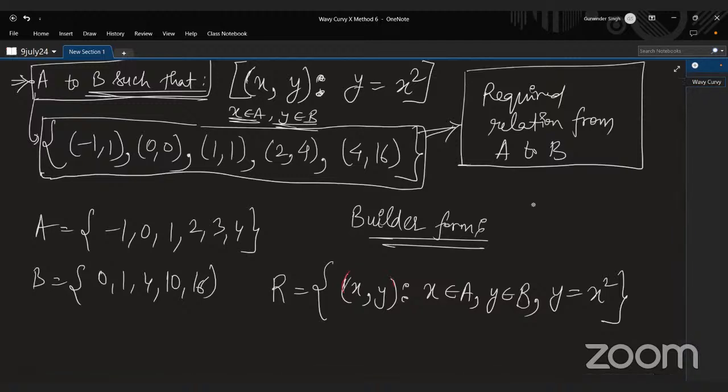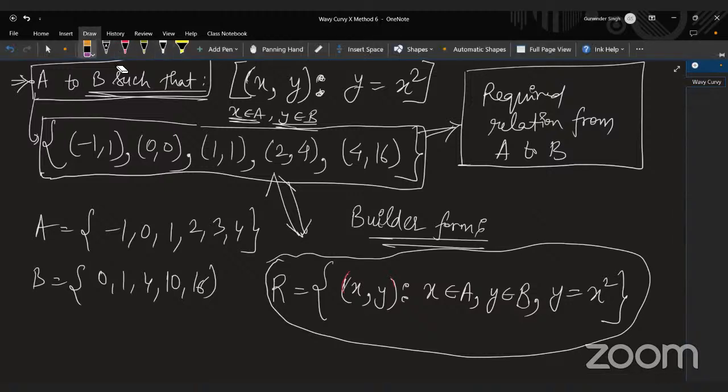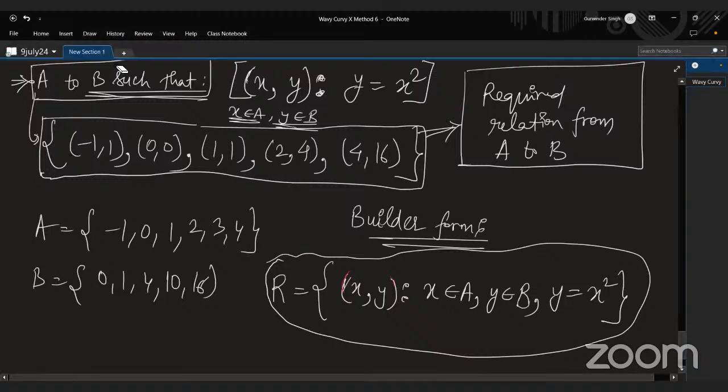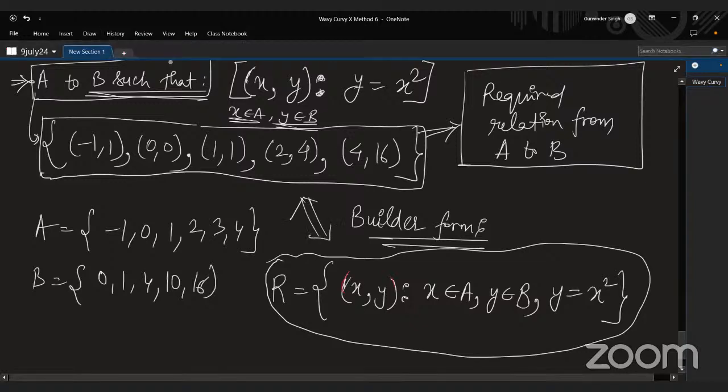So basically, if I write this, can you guys see that these conditions are equivalent? Either I write in this form or I write in this form, both of these are talking about the same relation. Either I write all the elements of this and give it to you, or I write it like this and give it to you.